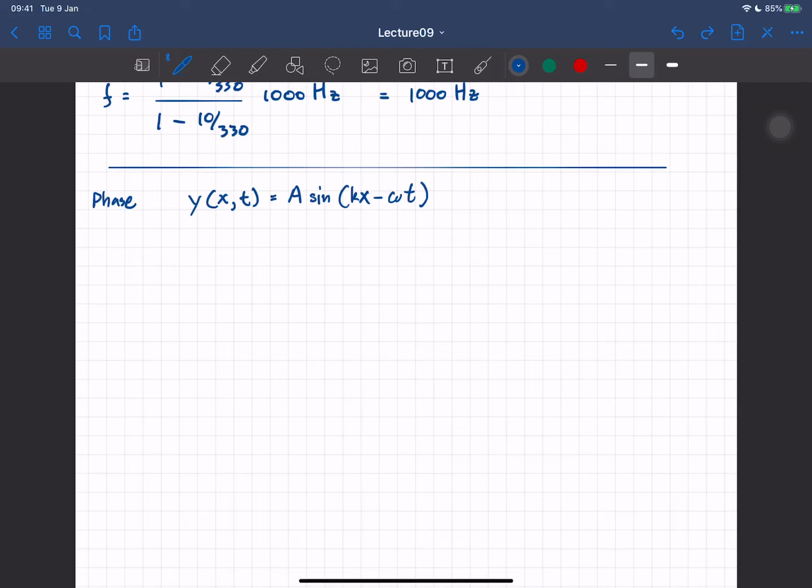So if you plot this, at any snapshot in time, so let's say t equal to 0, the wave is going to look like a sine wave, like this.